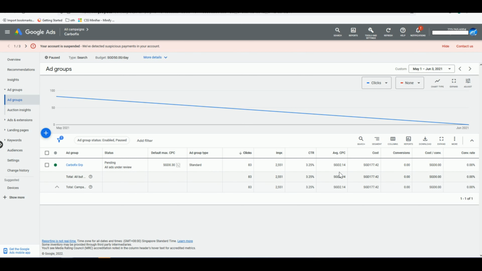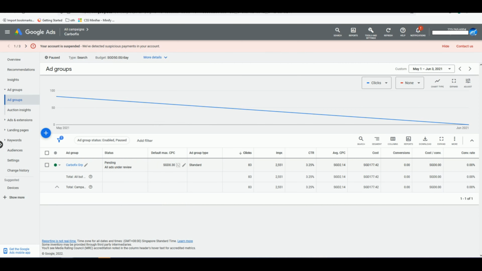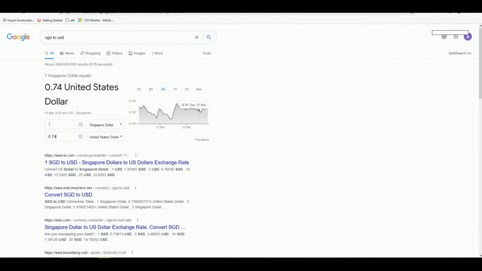Because my Google account was created as a Singapore account, if we go to Google, 2.14 Singapore dollars is 1.58 US dollars per click.